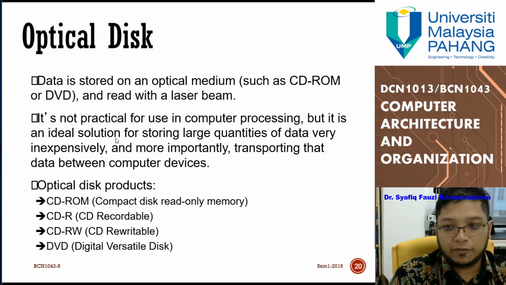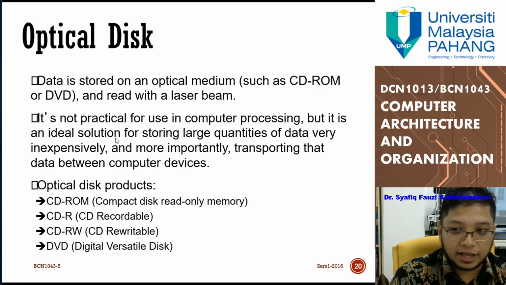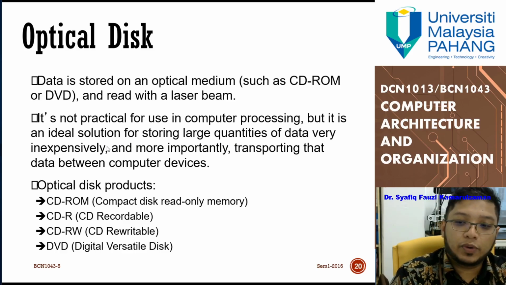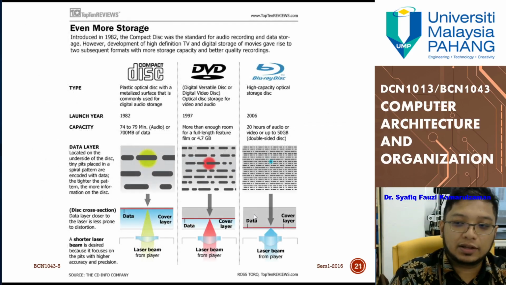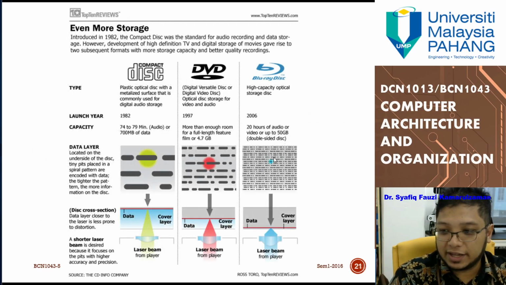It's not practical for use in computer processing, but it's an ideal solution for storing large quantities of data very inexpensively, and more importantly, transporting the data between computer devices. We have CD-ROM, which is read-only memory, CDR, which is recordable, and CDRW, rewritable. DVD means digital versatile disc, and these days we even have Blu-ray.